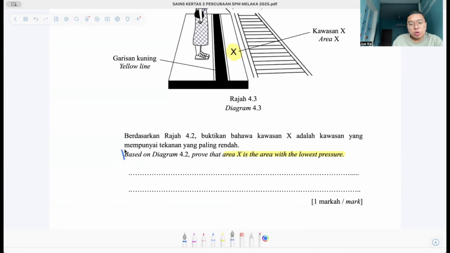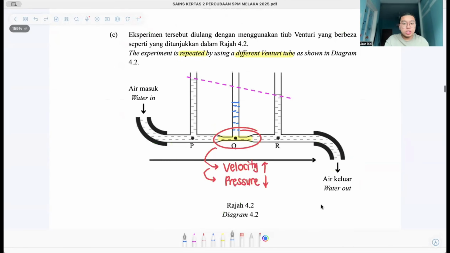Based on 4.2 means you cannot write about this yellow line. Literally cannot. You must focus on 4.2, which is the water level thing.